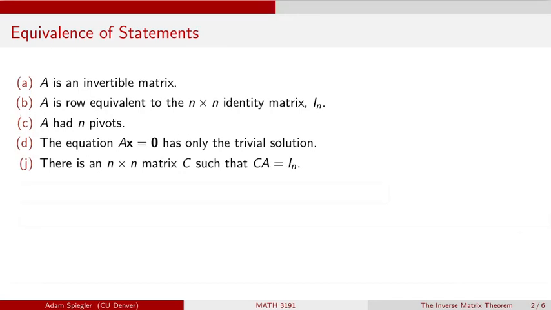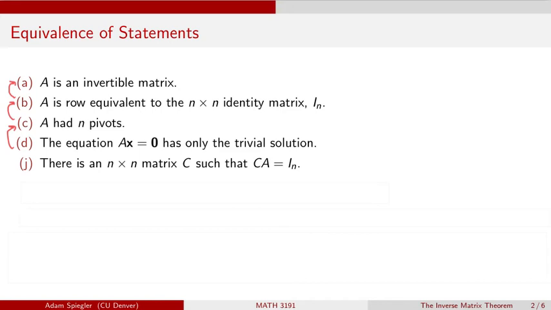Okay, so on the previous slide, we showed that D implies C, that C implies B, and B implies A. And we'd like to circle this equivalence back around so that we can say, in addition, if A is true, then all of these other statements would have to be true. So we're going to add a new statement to this list, namely that there is an n by n matrix C such that when we multiply matrix A on the left by C, we get the identity matrix.